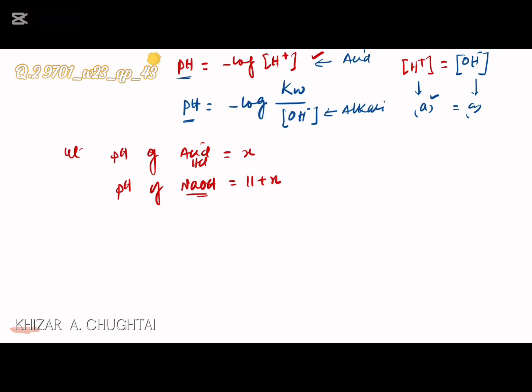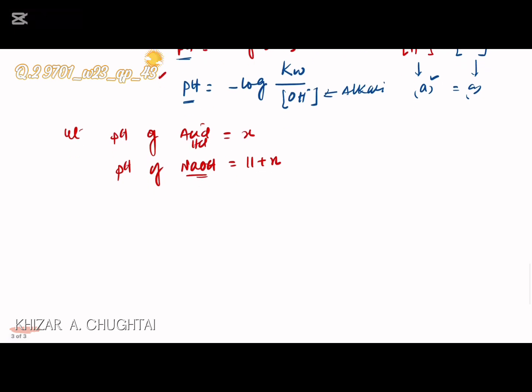So I can rewrite these two equations. Number 1: X is equal to minus log of A. This is the A mole concentration, let's suppose, for H positive ion and for OH negative ion. Now what is the next equation? The blue equation, this one.